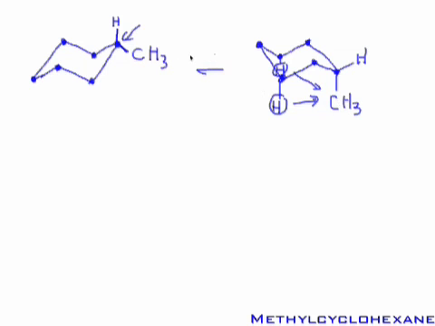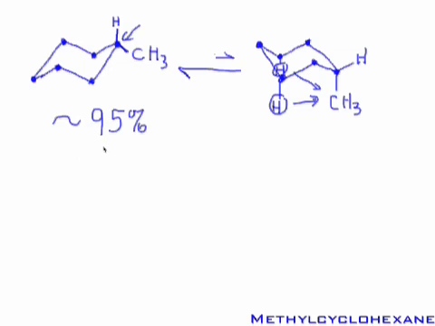That means the equilibrium is shifted to the left. More structures have the methyl group equatorial. How much more? Well, it turns out that approximately 95% of all structures exist with the methyl in the equatorial conformation.